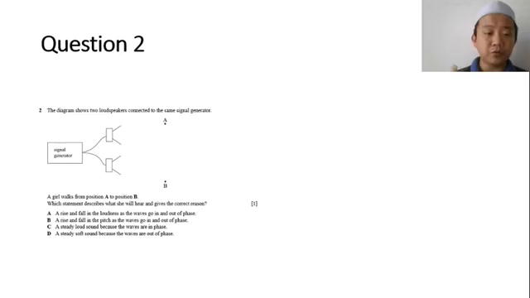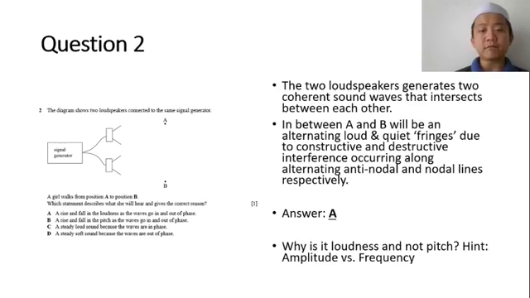We've got two coherent sources because they originate from the same generator, so we will have interference. With interference, there will be nodal and antinodal lines where it becomes loud and quiet alternately. So the two loudspeakers generate two coherent sound waves that intersect each other.